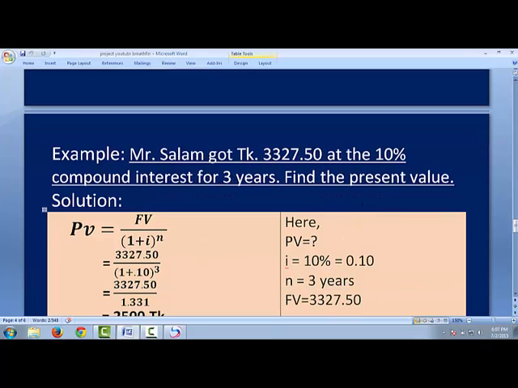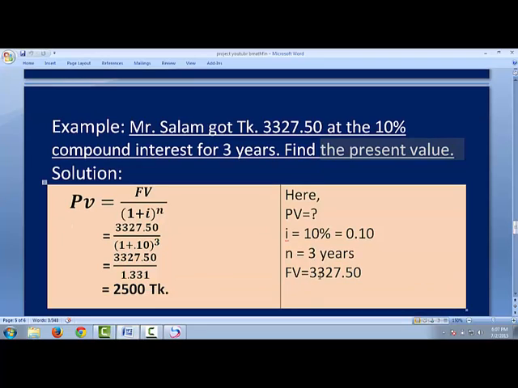Here there is no present value, so present value is equal to what? I is equal to 10% is equal to 0.10, n is equal to 3 years, FV is equal to 3327.50. We put the value in the formula, we sum these terms and then power, the result is 1.331. Then we divide 3327.50 by 1.331. The result is 2500 taka.